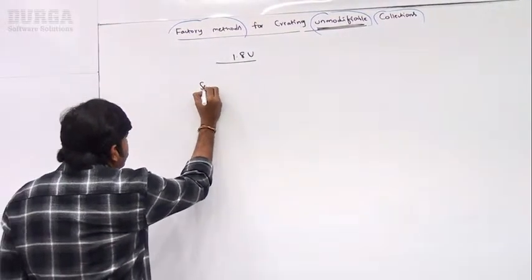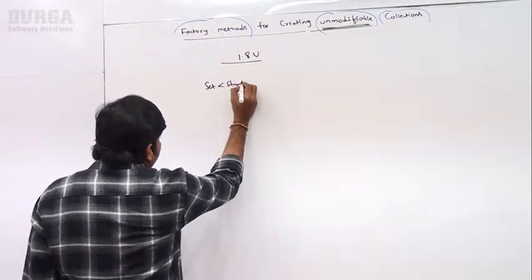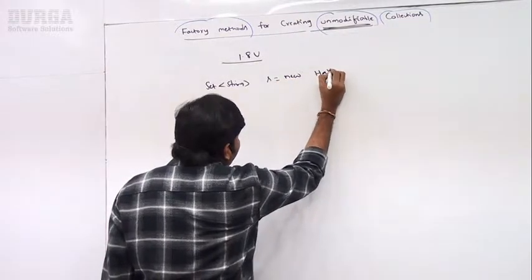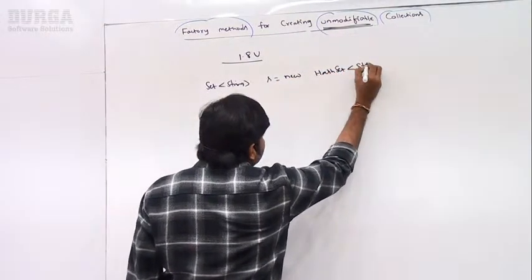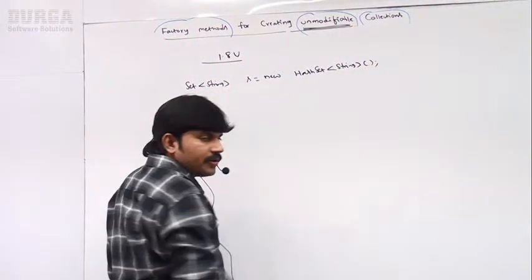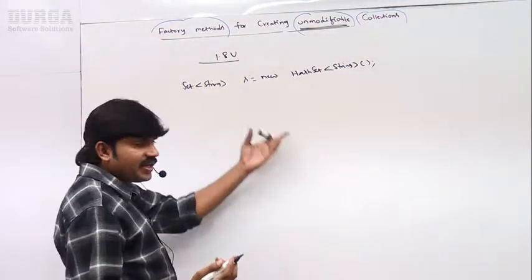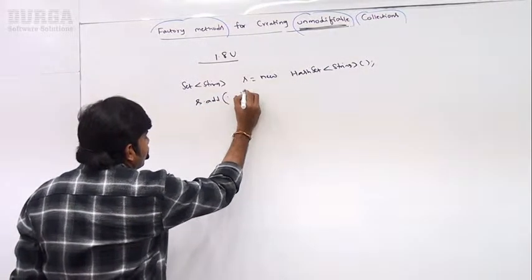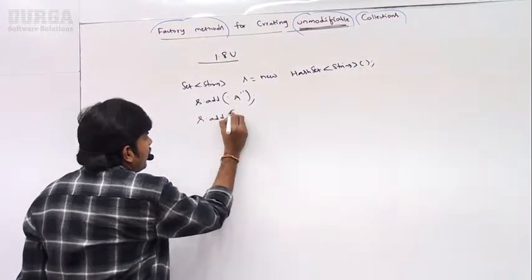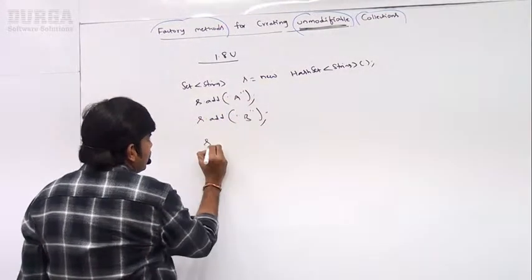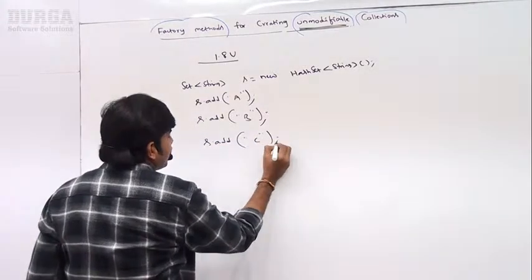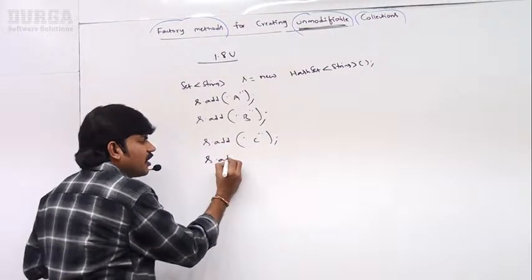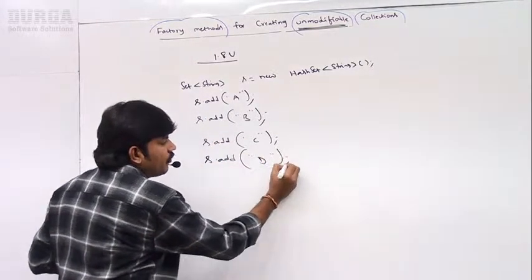Set<String> s = new HashSet<String>(). I'm just creating a normal HashSet object. s.add(a), s.add(b), and then s.add(c). Observe that. How many elements did I add? 3 elements, or otherwise a 4th element also you can add, same as the list case.